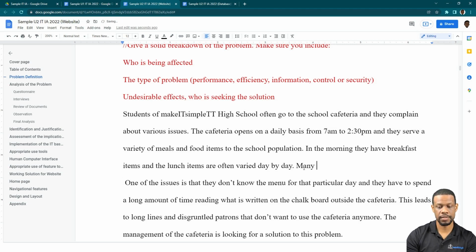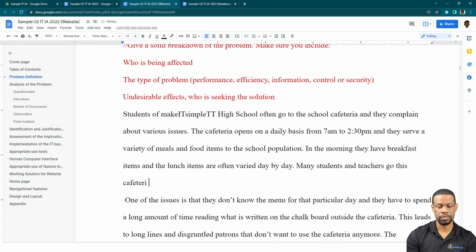Many students and teachers go to this cafeteria and rely on it for their daily meals and nutrition.